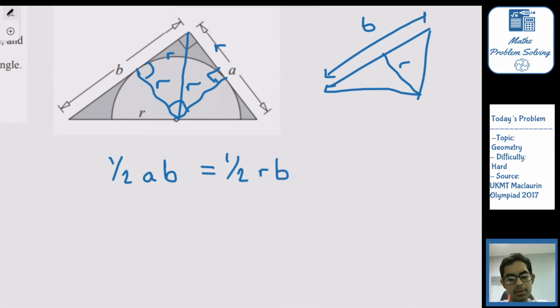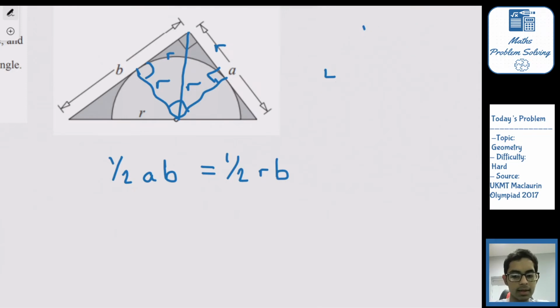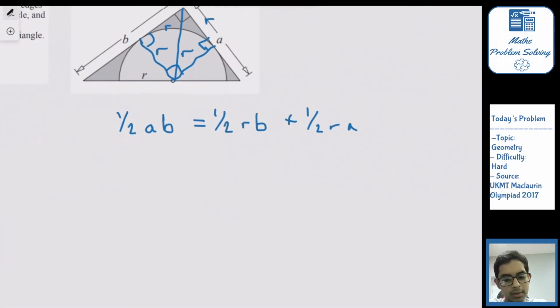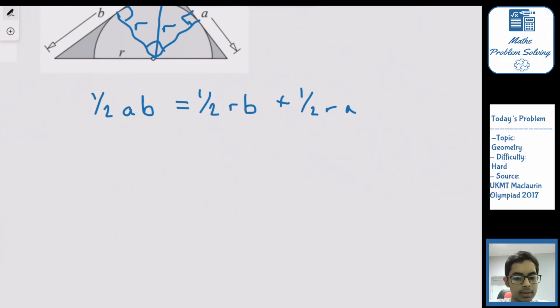And if we do a similar procedure with the right triangle, it's basically the same thing except with a. So plus a half a times r. Okay, so now let's just multiply all these terms by 2 and see what we get. So ab equals rb plus ra.